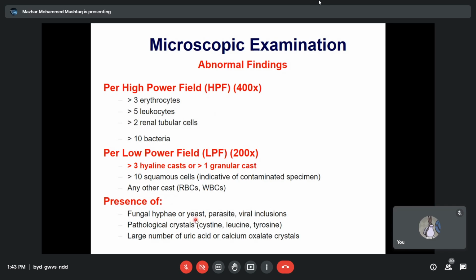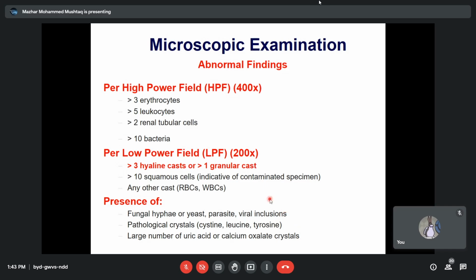You can see some yeast, some parasites, some pathological crystals, for example, cystine crystal, leucine crystal, and tyrosine crystal. If you see cystine, leucine, and tyrosine crystals in a large quantity, you know what these are? Amino acids.